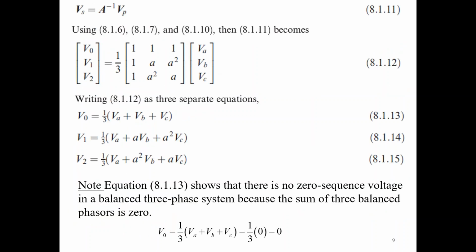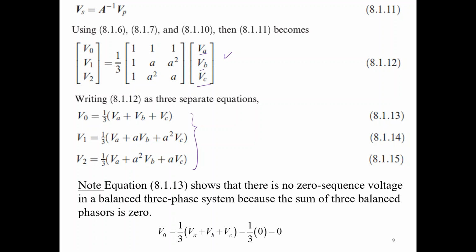Okay, now, this is the equation that we have to deal with. You know the VA, VB, VC, the V phase, and you want to find the V0, V1, V2. We want to know how much is the sequence voltage. So basically you have to solve these three equations. It's the same equation, but this is written in the matrix form, and this is written in three separate forms.